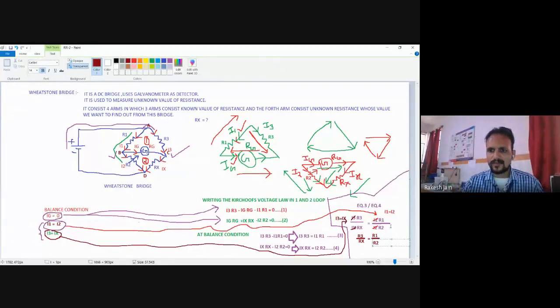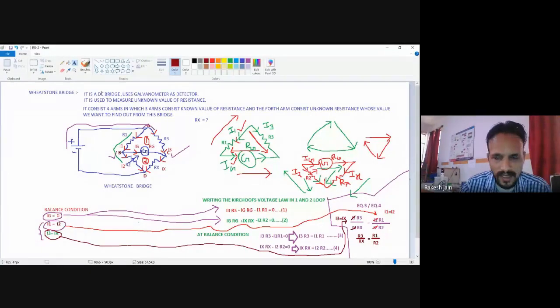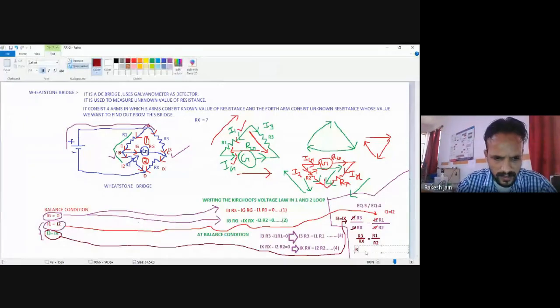Yes, so this is the final formula, that R3 R2 is equal to R1 Rx.